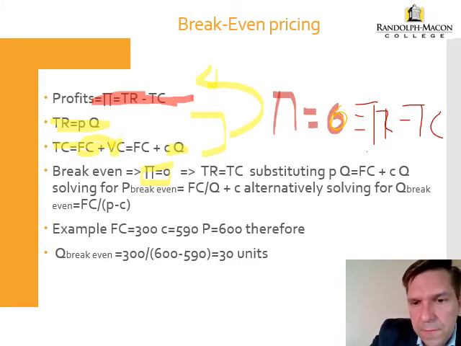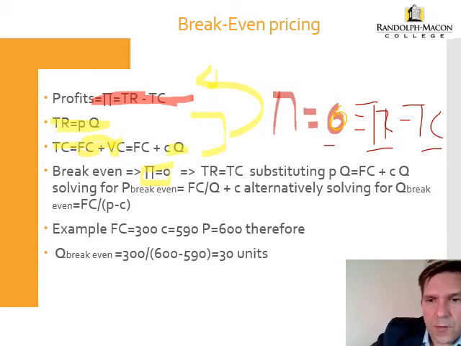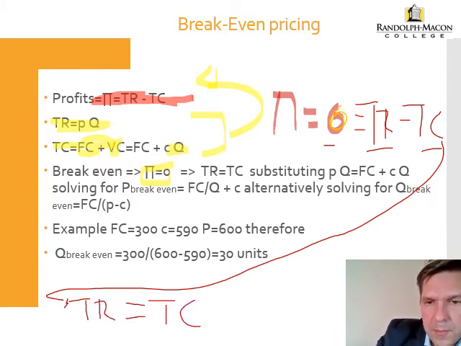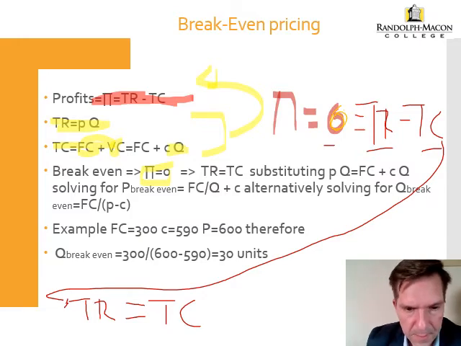So if the subtraction of these two figures is zero, that means total revenue needs to be equal to total cost, right? So total revenue is going to be equal to total cost. Why? Because that expression, total revenue minus total cost, is equal to zero, okay?